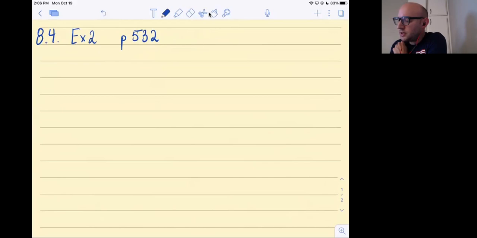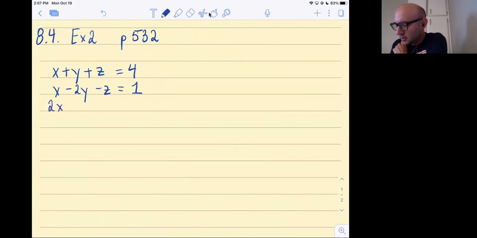Okay, so here's a system of equations: x plus y plus z equals 4, x minus 2y minus z equals 1, and 2x minus y minus 2z is equal to -1.